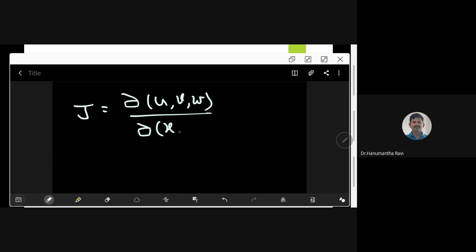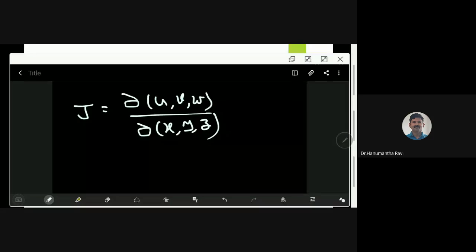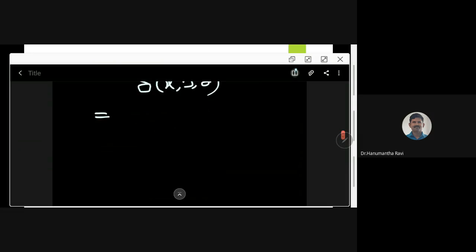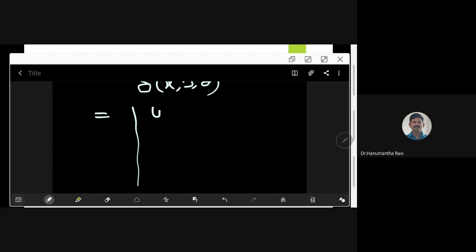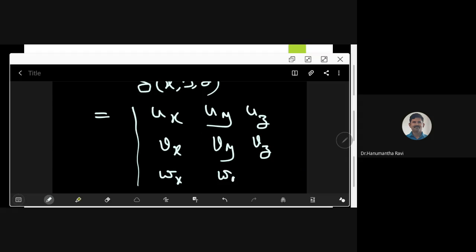We represent that Jacobian as j is equal to dou u v w by dou x y z. This is nothing but ux, uy, uz, vx, vy, vz, wx, wy, wz.